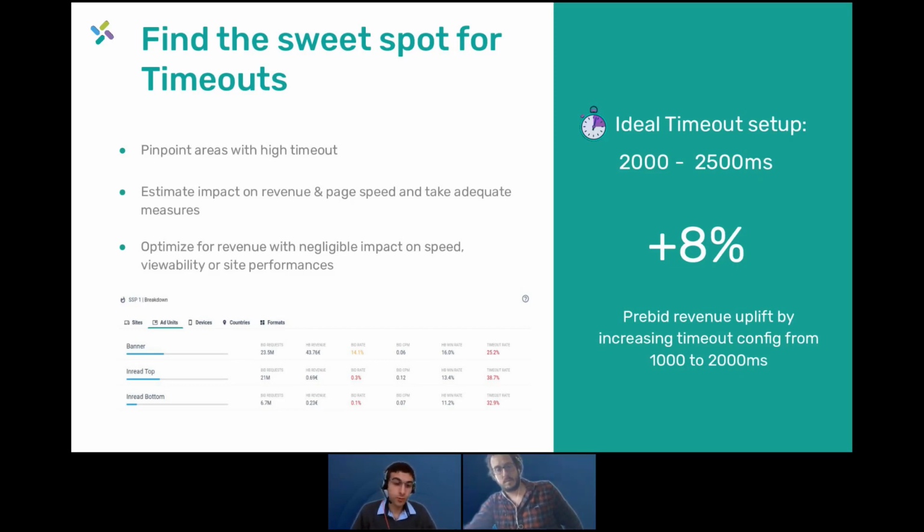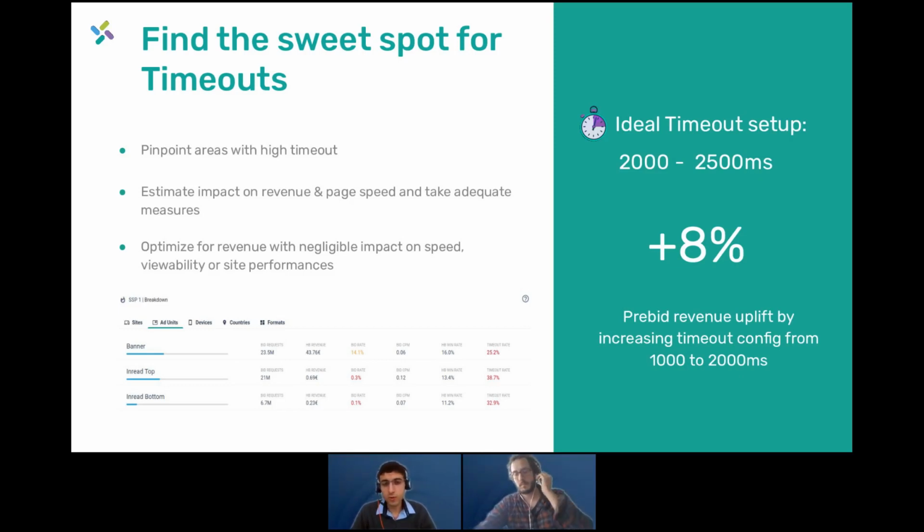So, for example, we looked at viewability, we looked at CTR, we looked at auctions per session, and this data led us to the conclusion that on most of the setups that we have analyzed, the ideal timeout setup in terms of revenue and page speed was between 2,000 and 2,500.